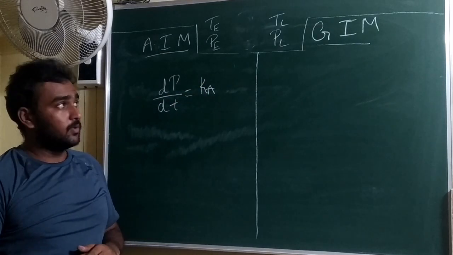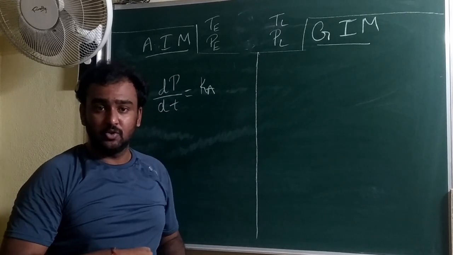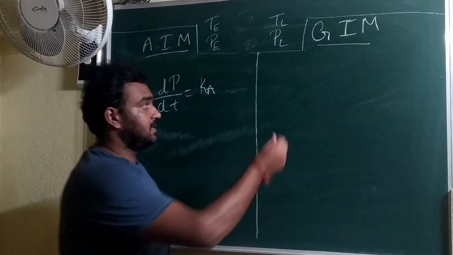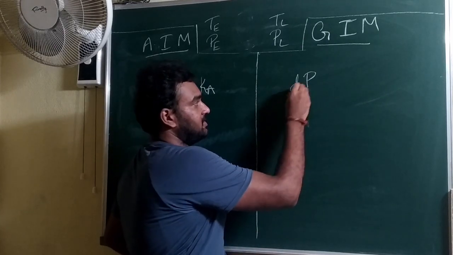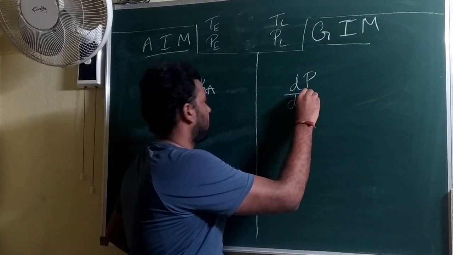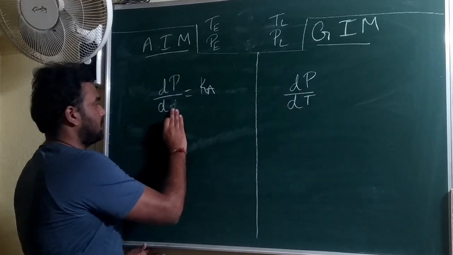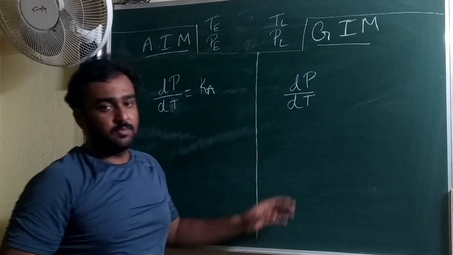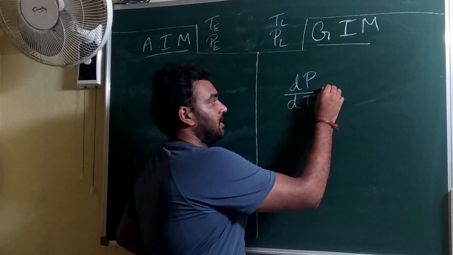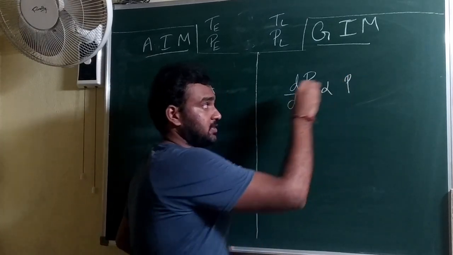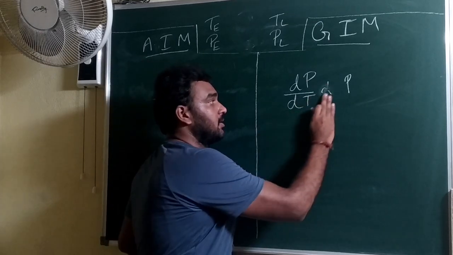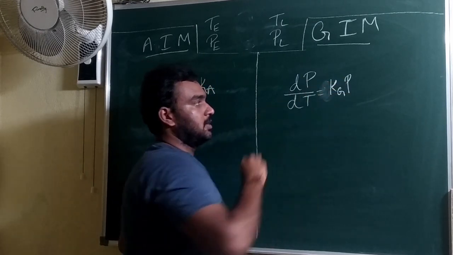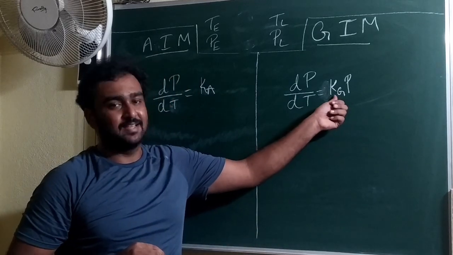If you consider the geometric increase zone, that is logarithmic, where we find logarithmic growth, it is represented like this, where the change in population with respect to time, capital T, is directly proportional to P actually. But in order to remove the proportionality, we introduce the constant of proportionality, Kg.